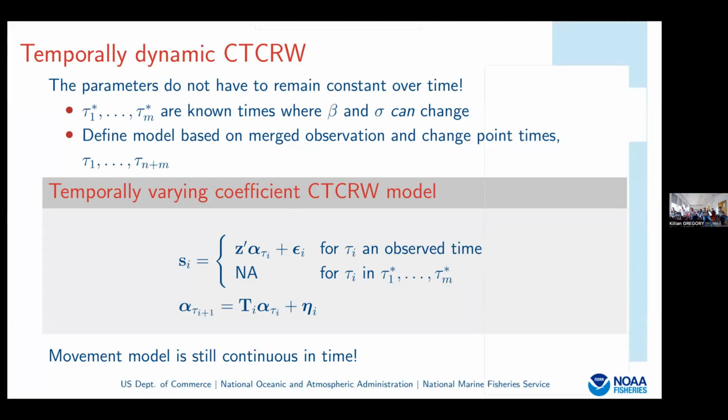So what if we don't want those parameters to remain constant over time, just like with the HMM that would switch between behaviors? We can let those parameters vary over time as well. They don't have to remain constant. But once you make things in continuous time, it gets really hard to do that, because it's hard to work out all the mathematical details.